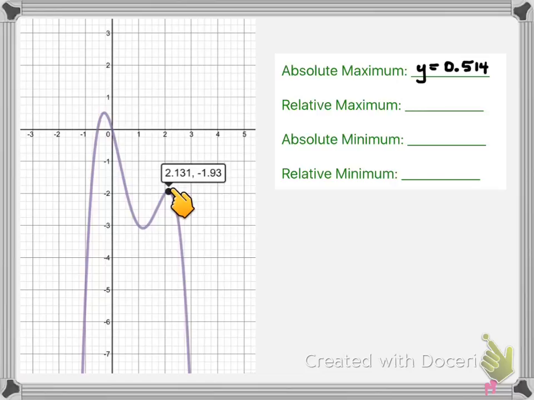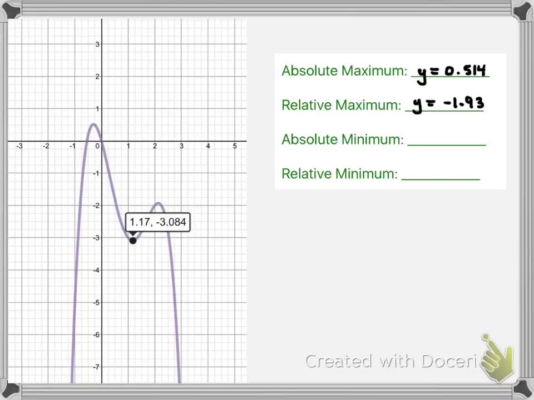Then here we have this point. It's also referred to as a maximum, so for that reason, you'd have a relative maximum at y equals negative 1.93. Another important point: it changes directions here, so this would be called a minimum.